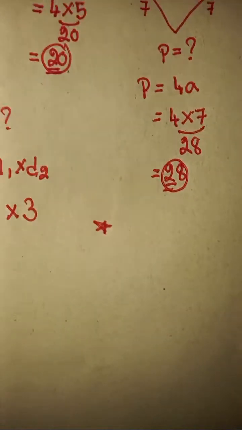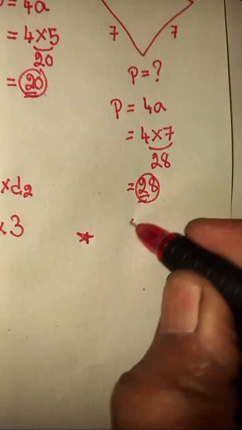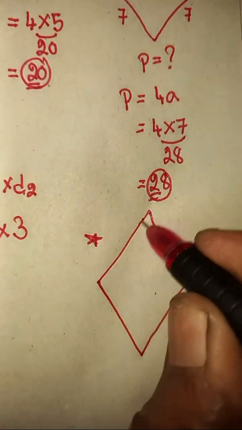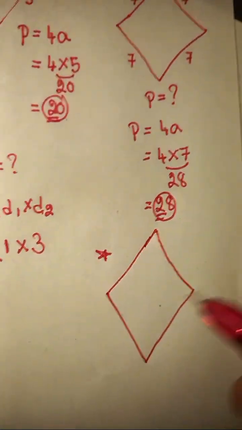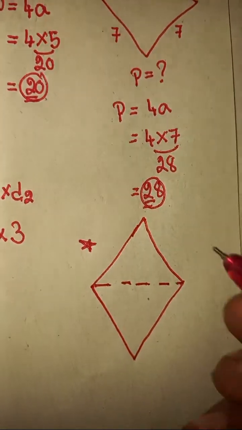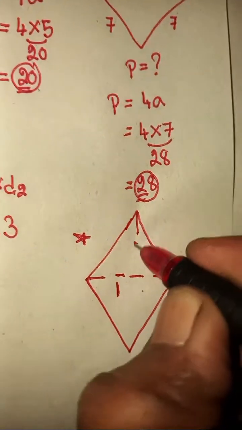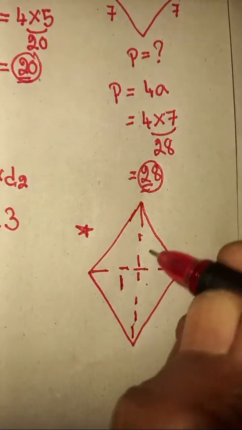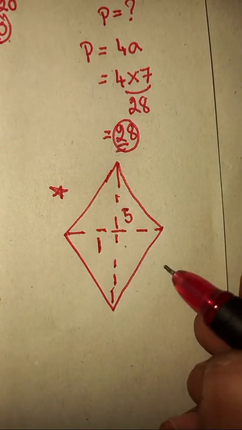Yes, now let's start this problem. Here another rhombus they have given. In this rhombus they are giving this diagonal as 1 unit and another diagonal as 5 units.